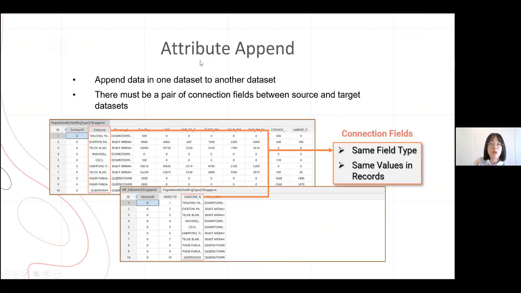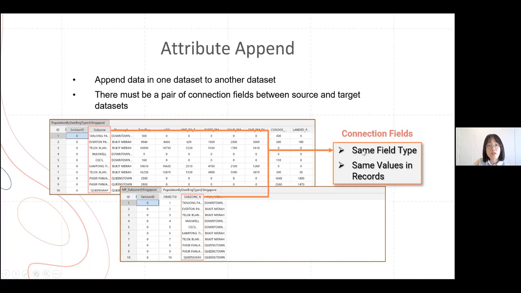The first thing we need to remember is that to do that we must have a pair of connection fields between our source and target data sets. And here I have highlighted the connection fields for these two data sets. We can see there are two requirements for these connection fields.